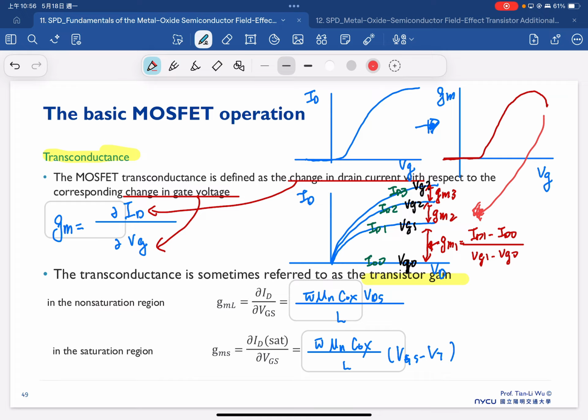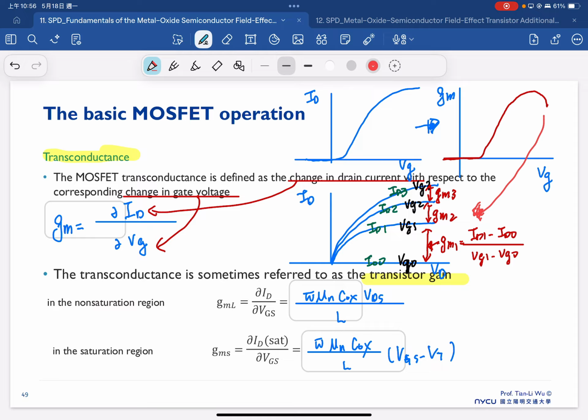Therefore, to make a good MOSFET, one important research direction is how to make the transconductance not decrease that fast.